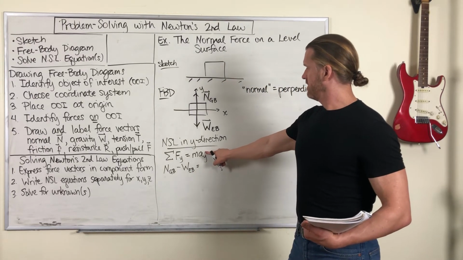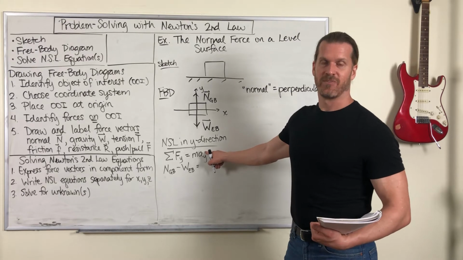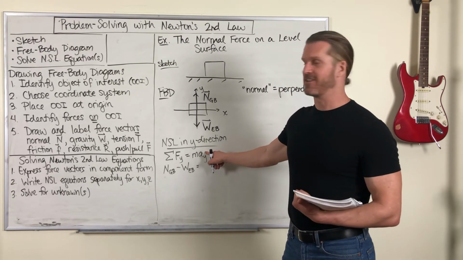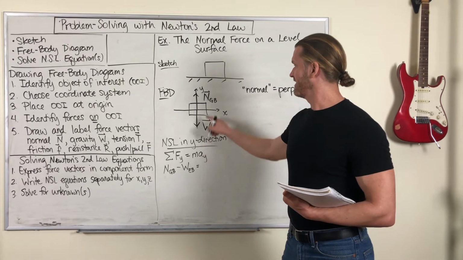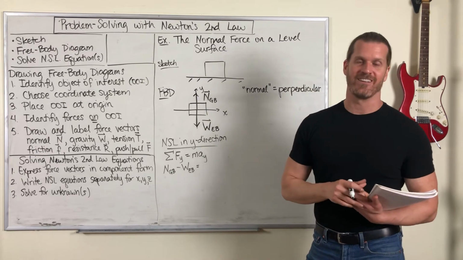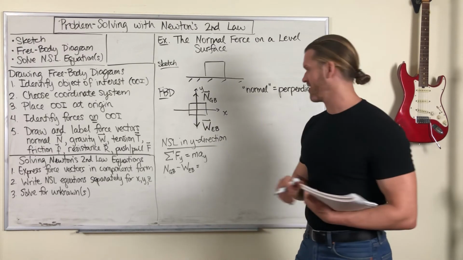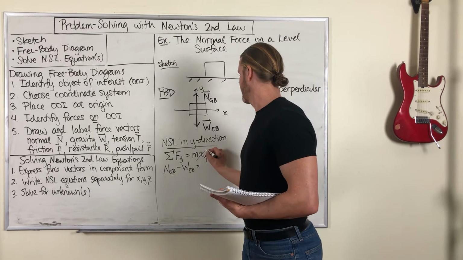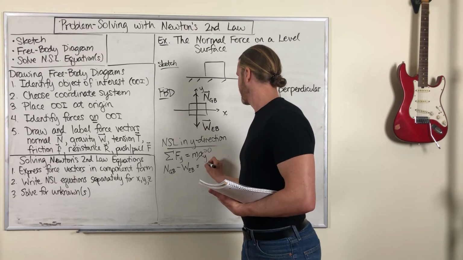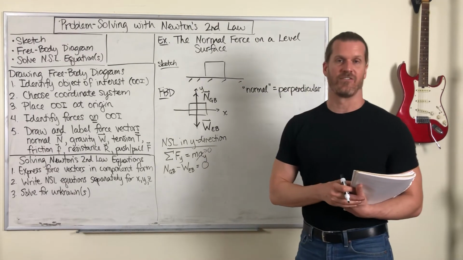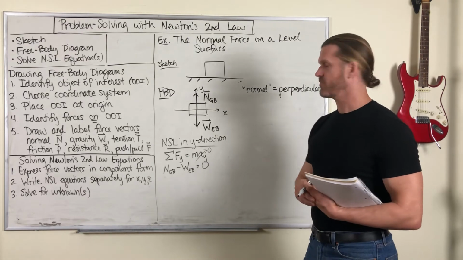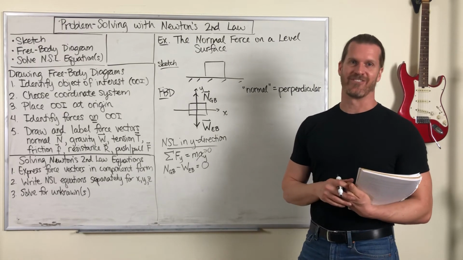And if you use a little common sense, you can probably convince yourself that this box is not accelerating. It's just sitting there. So the right-hand side of this equation is 0. If that box is not moving, it's not accelerating.